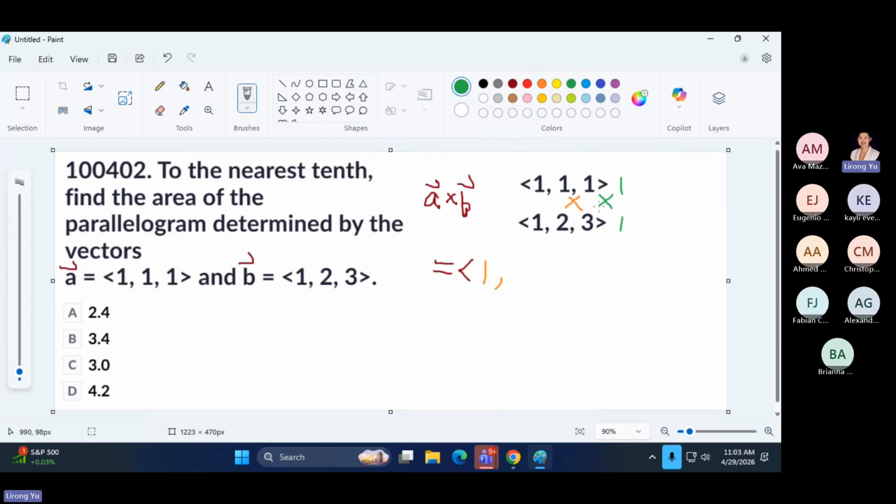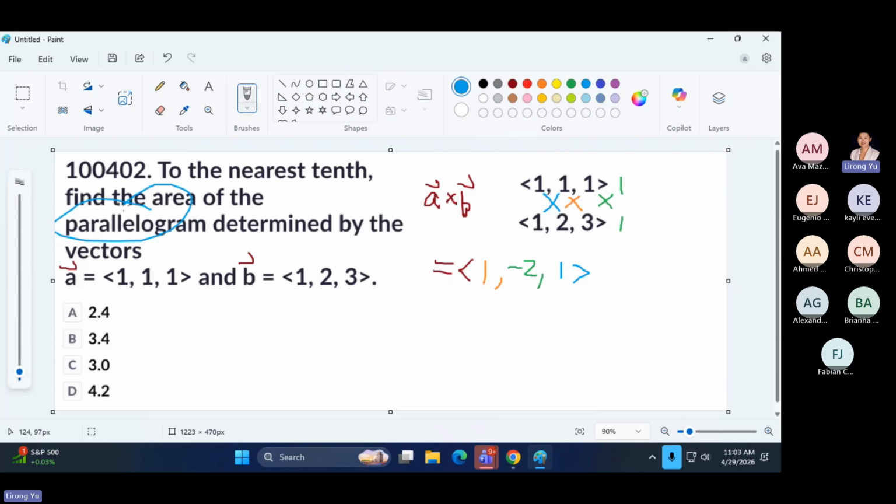Then we cross multiply and subtract, so it's 1 minus 3, negative 2. The last component is column 1 and column 2, made into a 2x2 matrix. We do the calculation 1 times 2 minus 1 times 1. Okay, so that's the vector. That's the calculation of the cross product.